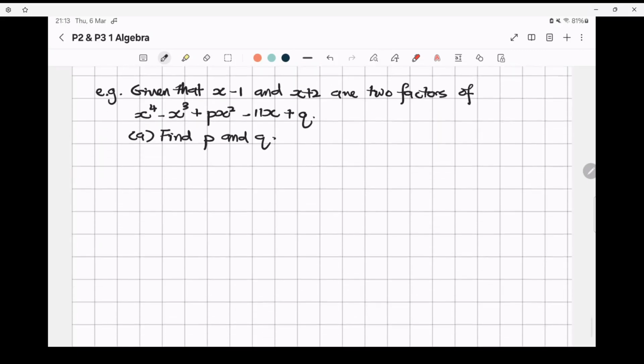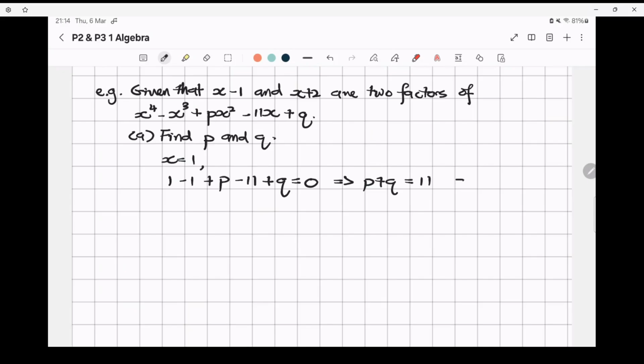So then it's easy. When x equals 1, you know that when you substitute 1 inside, the whole equation has to become 0. So 1 minus 1 plus p minus 11 plus q equals 0. So here you have p plus q equals 11.